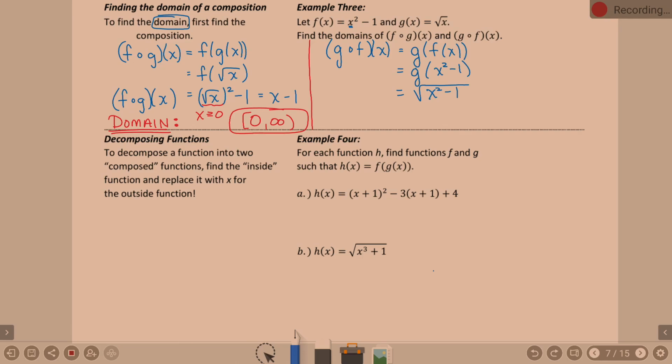And then x is also greater than or equal to 0. So here, this is g composed with f of x, and we need to talk domain here. x, what you got for us?